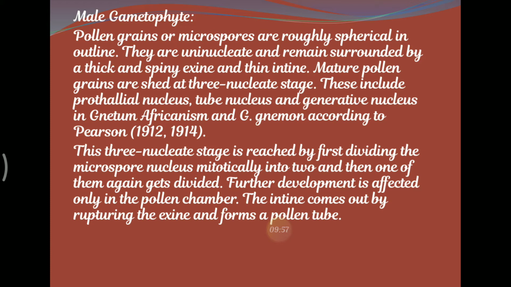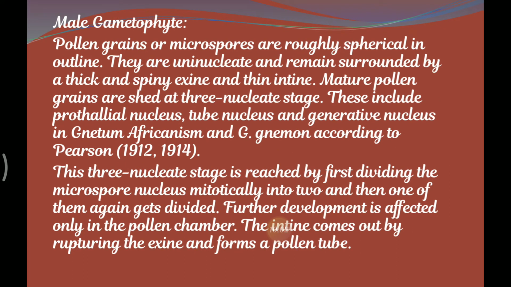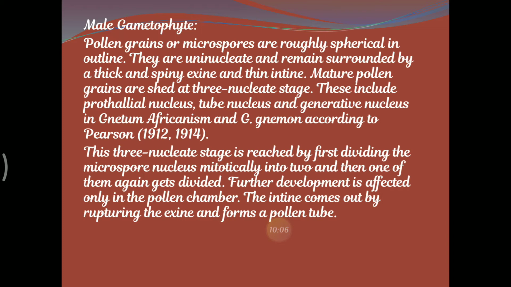So in the male gametophyte, what happens? The pollen grains or microspores are roughly spherical in outline. They are uninucleate and remain surrounded by a thick and spiny exine and an intine. It is very well known, the pollen structure: the spine-like structure on the outer part is the exine, it will be on the surface of the exine, and the inner part is a thin intine, and within that we find a small nucleus.